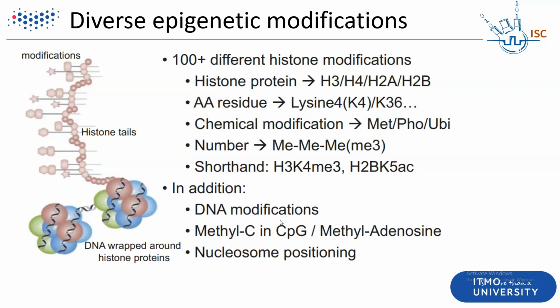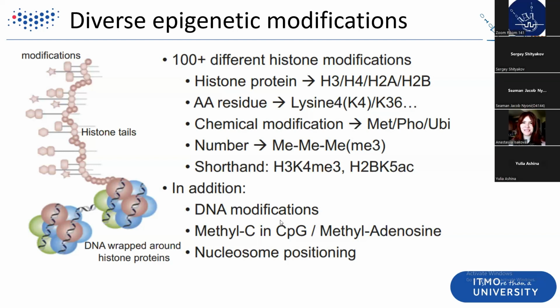So this methylation profile was found in some pathologies like cancer, and especially hyper and hypomethylation profiles are detected.